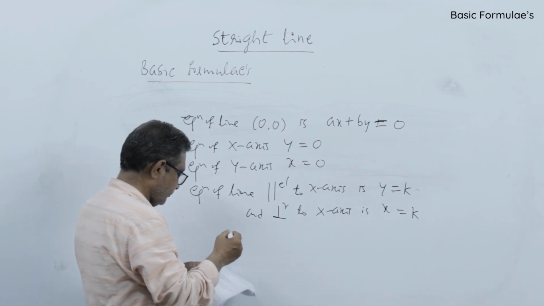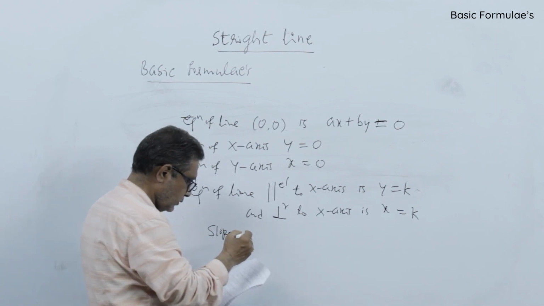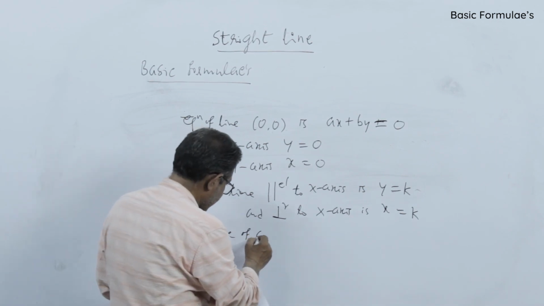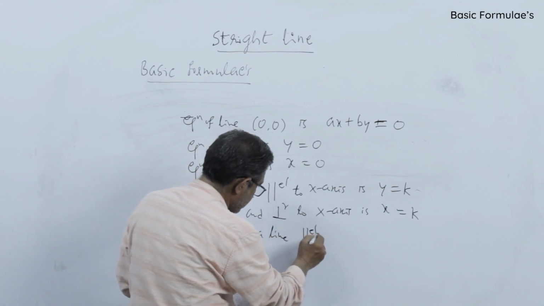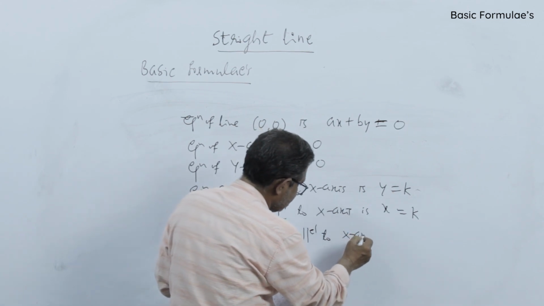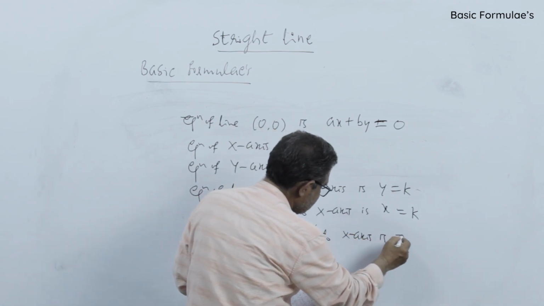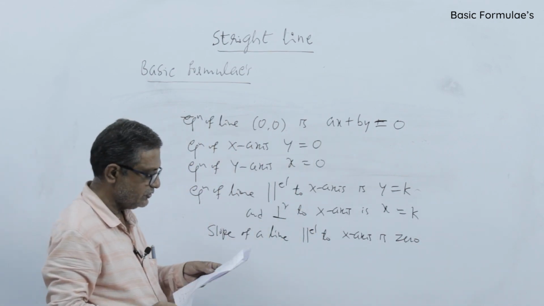Then the slope of a line parallel to the x-axis is 0. Parallel to the x-axis, the slope is 0.